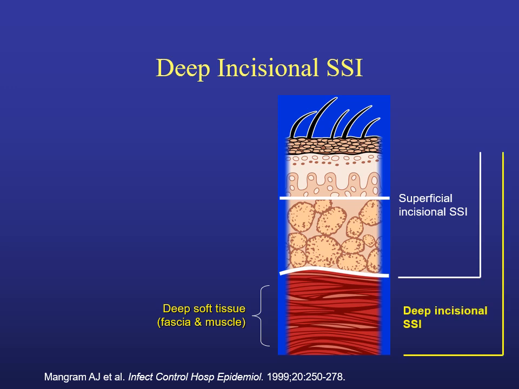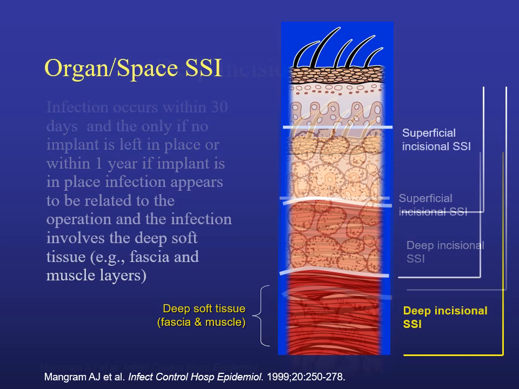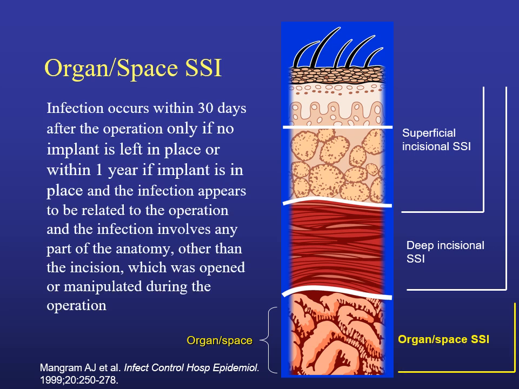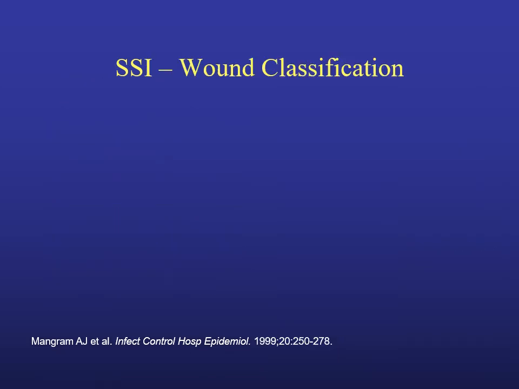If it extends beyond this, then we go to the organ space, like the peritoneal cavity, the pleural cavity, or deep to the muscles like the neck مثلا. بنسميها organ space. If there is infection extending there, بنسميها organ space surgical site infections. طبعا بيدخل بالتعريف هنا if there is an implant إنه الانفكشن is still considered surgical site infection up to 1 year. After this, it's not considered infection.